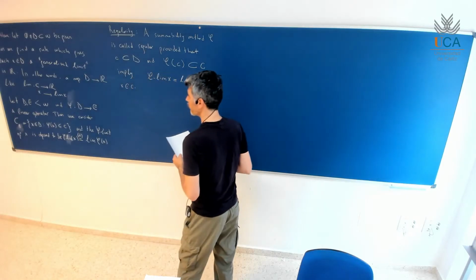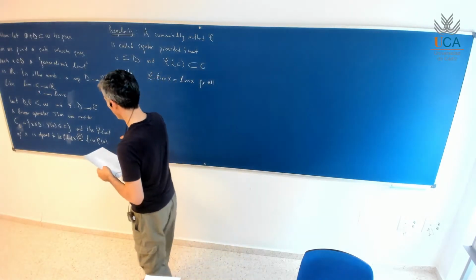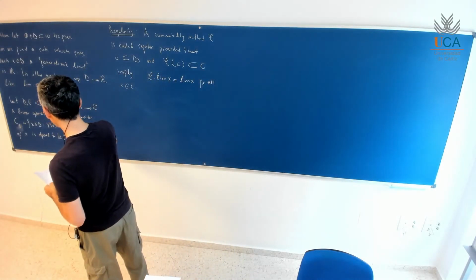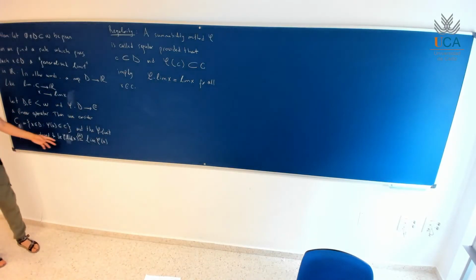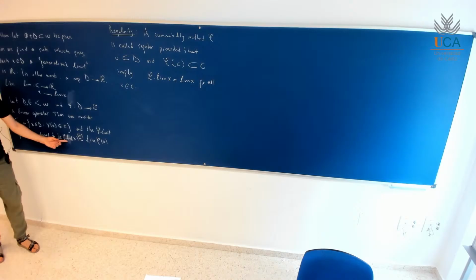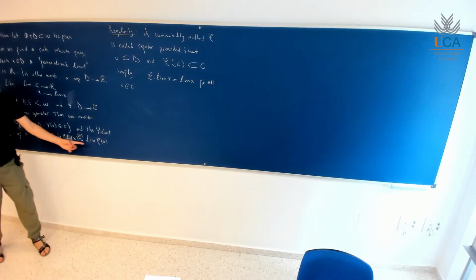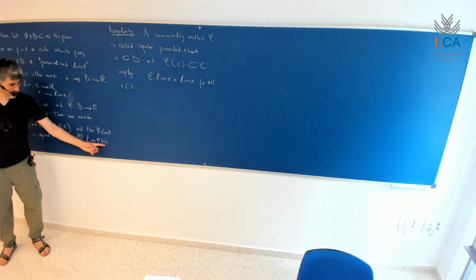So if we go back to the initial definition here, we say that we define phi limit of x as the limit of phi of x.